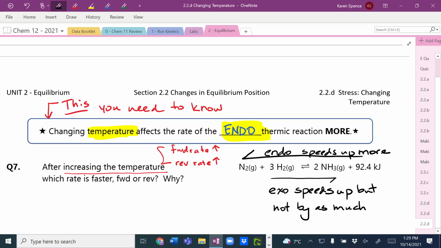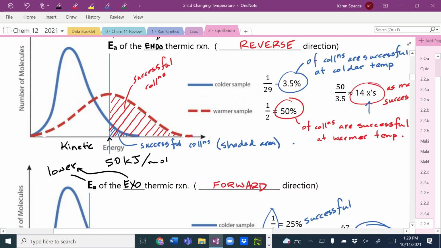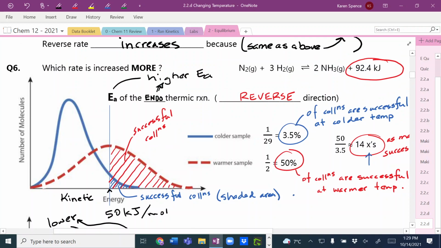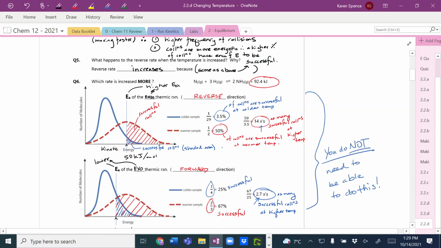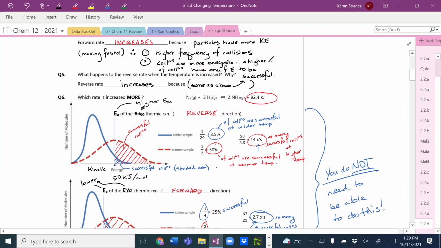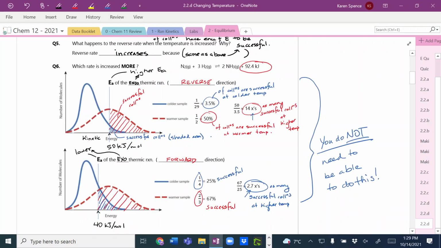Why does it speed up more? It's because of all this blah, blah, blah. What it means is that if you look at these graphs, it proves it to you. Why does it do that? Because if you have a higher activation energy, you get a bigger multiplier on the effect that temperature has.